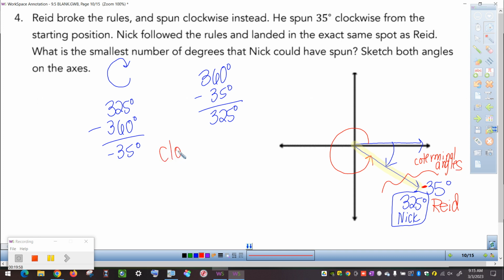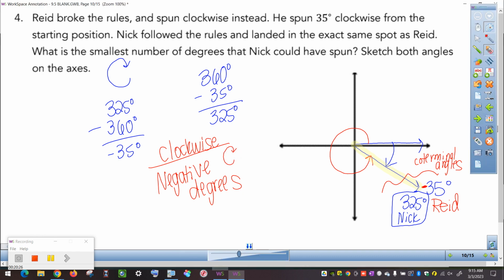So the other note I'm going to make here is that the clockwise direction, that's what results in negative degrees. And if you want to put a little picture off to the side here of clockwise, so clockwise goes this direction.